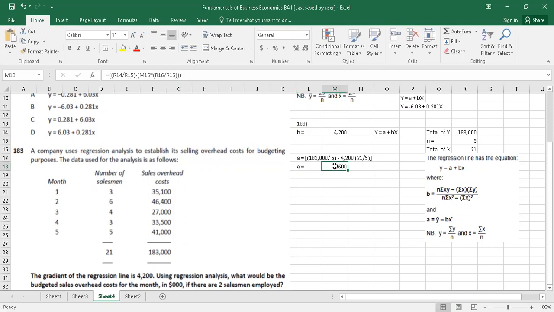So now the equation would look like this. A is equal to this minus this, in place of 14, it should become 15.